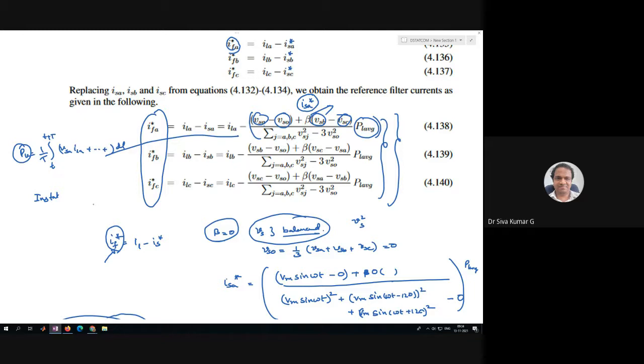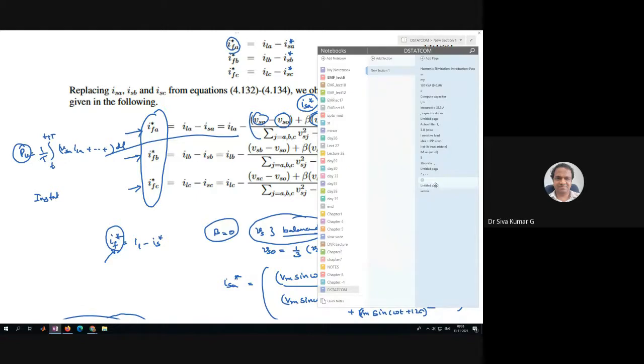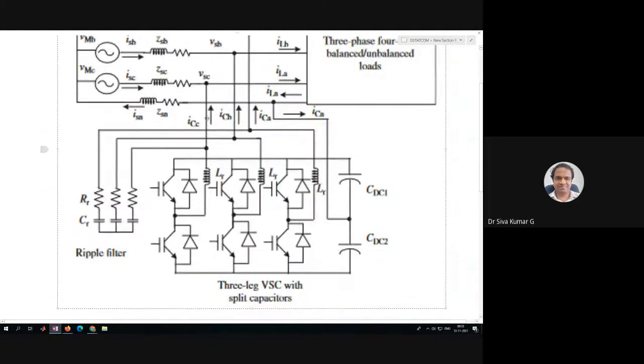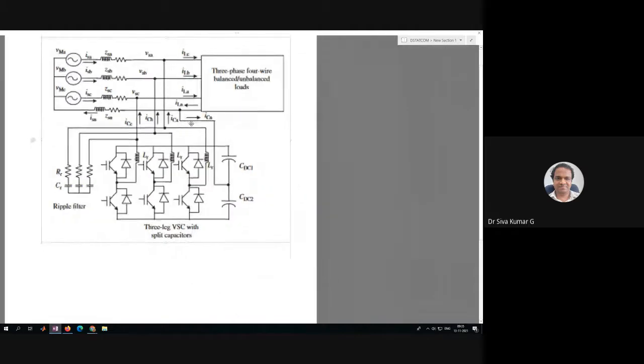Once after finding out IFA star, IFB star and IFC star, we are able to control this particular compensator current. We can apply any kind of control, but here also we have estimated the compensator currents ICA, ICB and ICC, but not the neutral current.